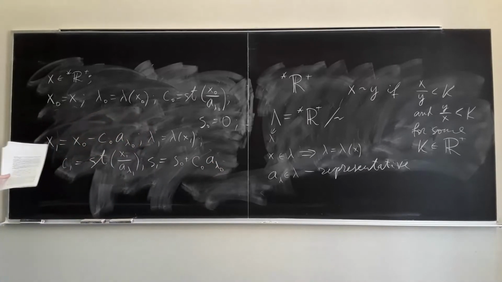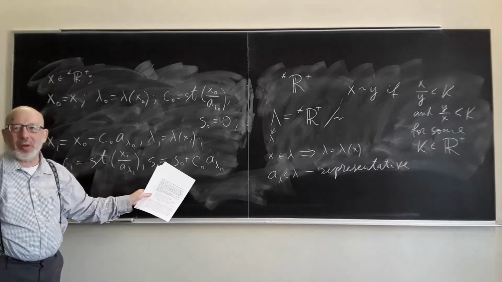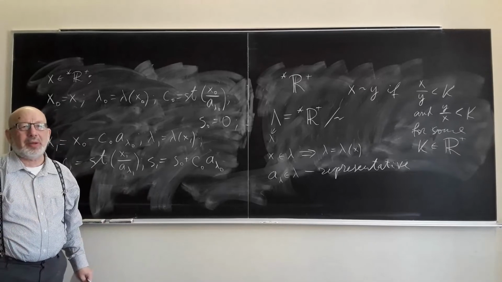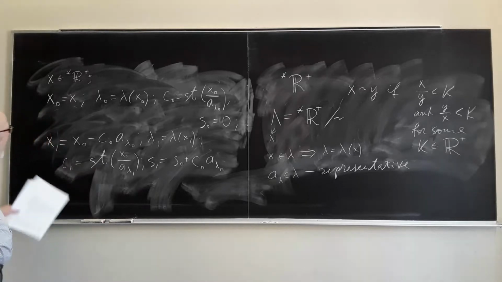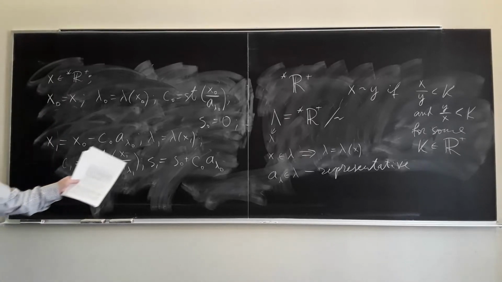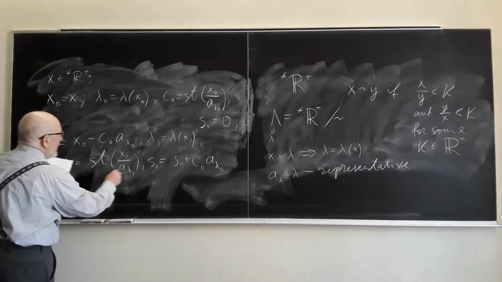So we subtract this term from x0 and add it to s0. Yes, and we will keep doing this all the time, and so in the end here we will have 0, and here we have x0, and so on.